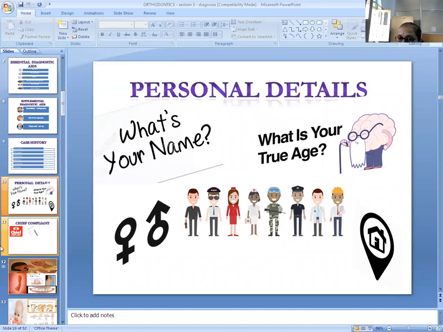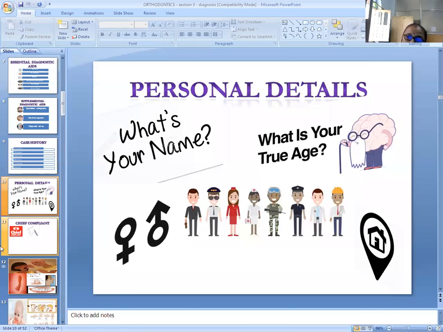Again, one more thing for age, that is aesthetic concern. Children in the growing phase, or teenagers, are more concerned about their aesthetic appearance. If you give them bulky appliances, they will feel shy to wear them and go out. So you'll have to take this into consideration.